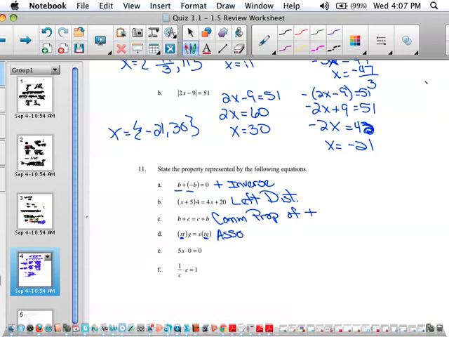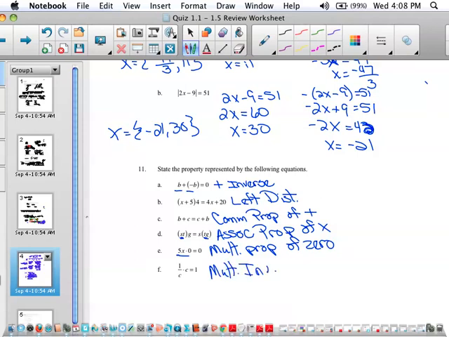So that's going to be the associative property of multiplication. E, I'm multiplying 5x times 0. So that would be the multiplicative property of 0. And F, I'm multiplying 1 over C times C, so that's going to be the multiplicative inverse property.